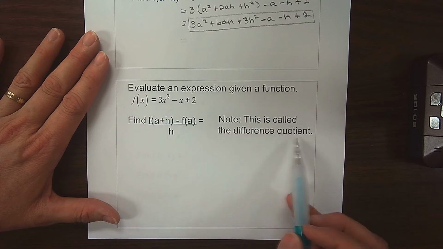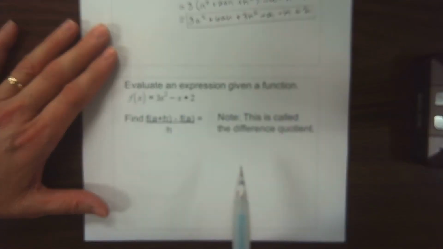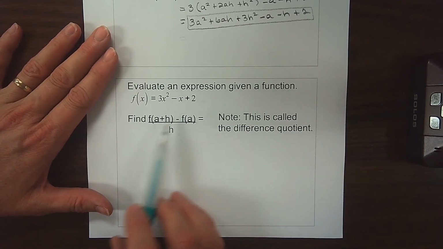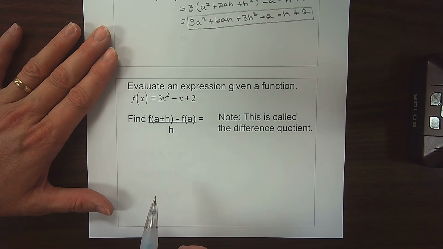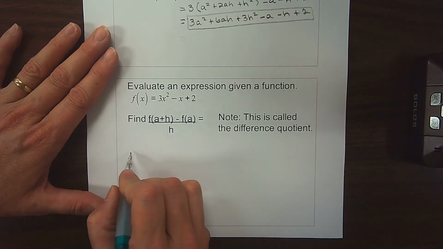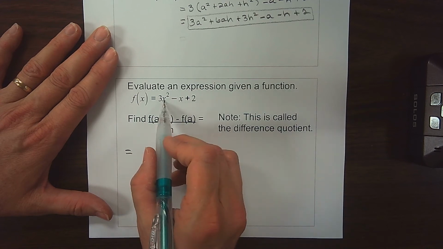It does say note that this is called a difference quotient. You might not know its intended purpose at this point, but you will use it when you get to calculus. So for now, our job is just to become more proficient at being able to evaluate the expression. All right, let's take a look. Remember that whatever sits here is going to go in place of x.